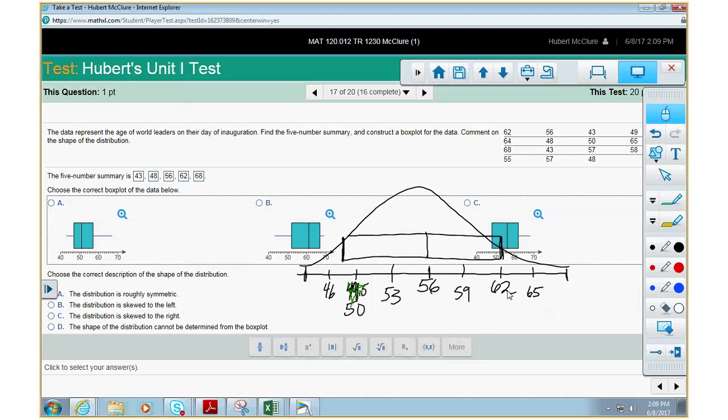And which one does it look like? Well, you're going to have to probably blow it up. You know it's not this one. And it possibly could be either one of these, so you're going to have to look closely at it. We know that our 56 is going to line up with our 56 right here. So that's not right, because that's 60-something. I would say it's the C.